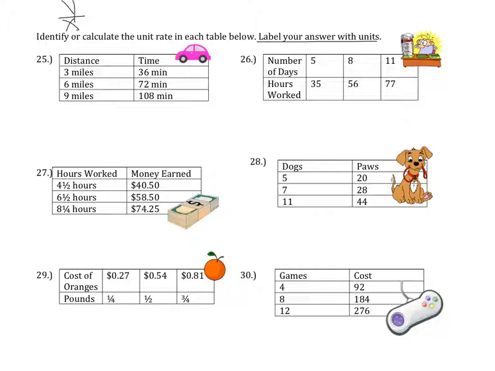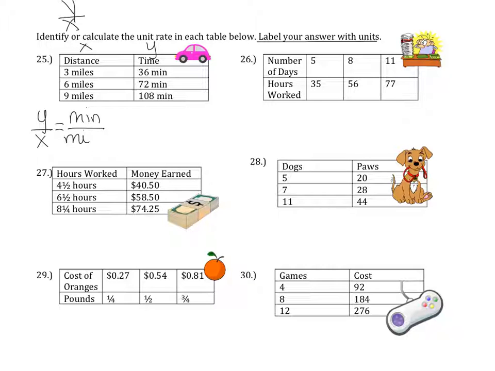So when we're talking about number 25, we're doing distance and time. In tables, our first column is our x and our second column is our y. We can find the unit rate by doing our y divided by x, where y is talking about minutes, and x is talking about miles.